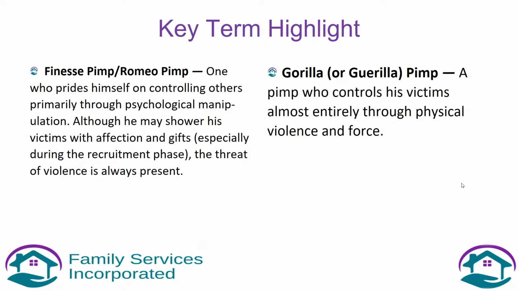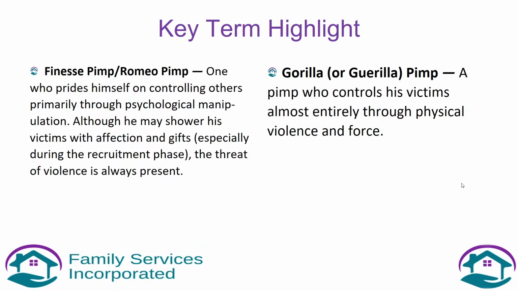Oftentimes during the recruitment phase, you're going to see the finesse pimp or the Romeo pimp. It is the most common type of trafficker there is. Now, this is someone who prides themselves on controlling others primarily through psychological manipulation. He may shower his victims with affection and gifts, especially during that recruitment phase, but the threat of violence is always present.